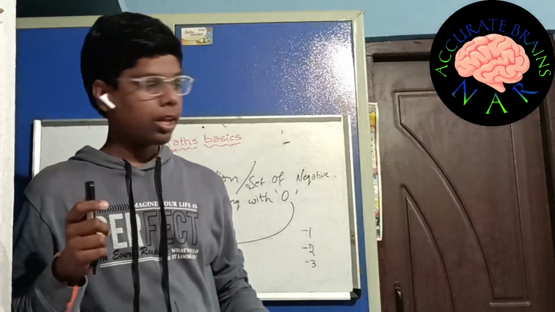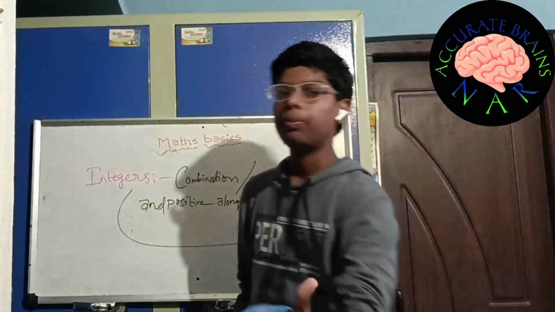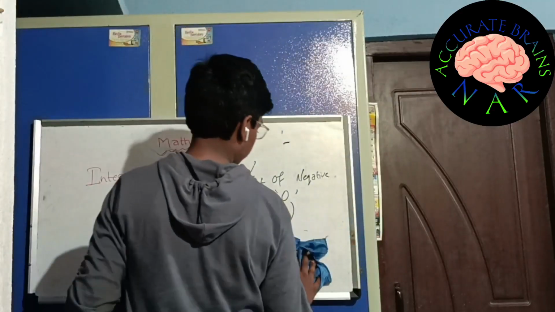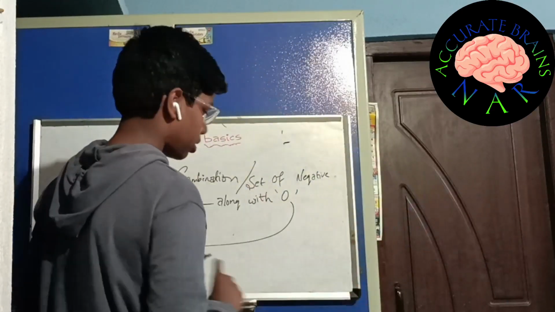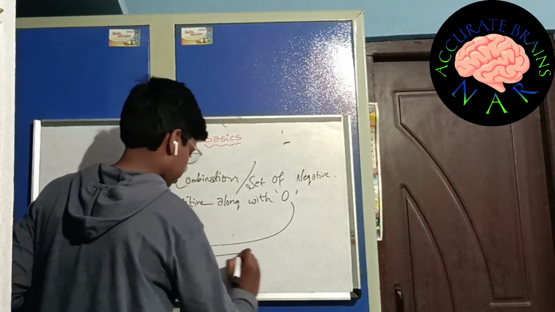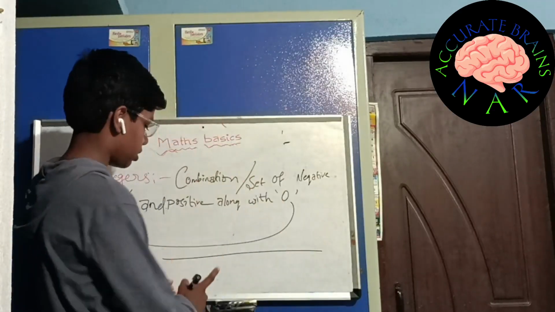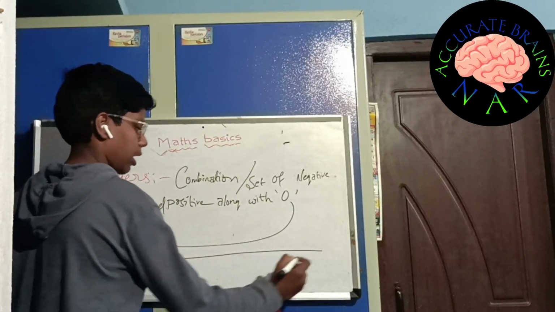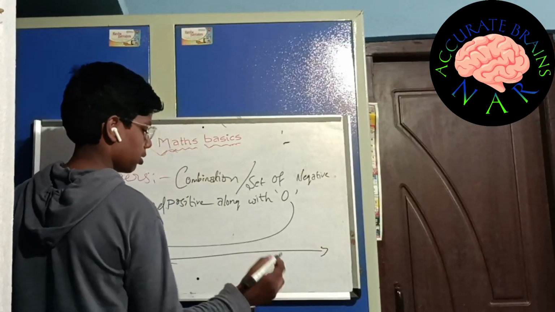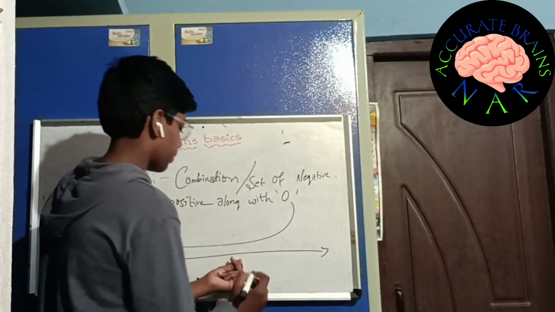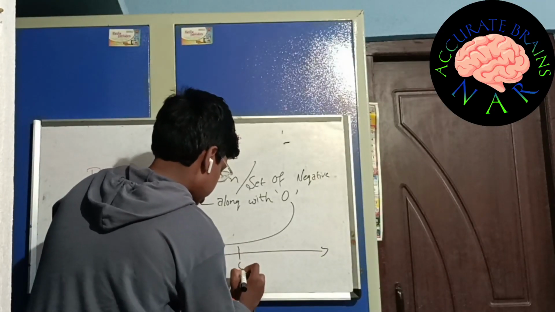Here we have to learn a simple topic which is known as the number line. So here we draw a line. In the middle of this line we represent 0.